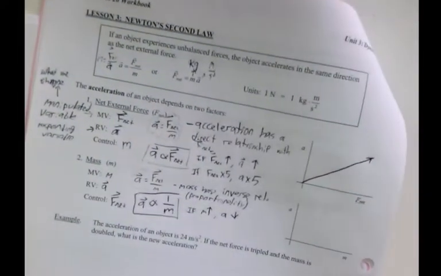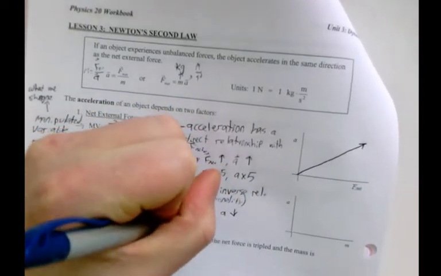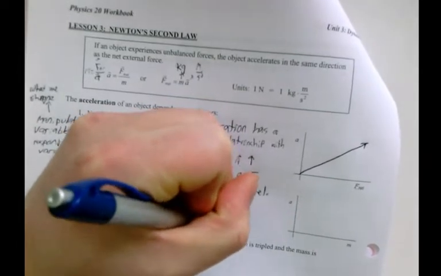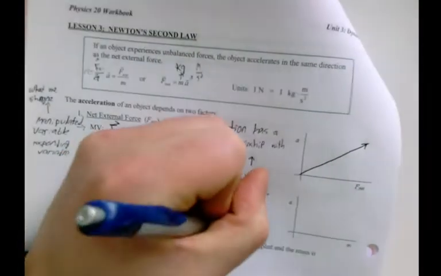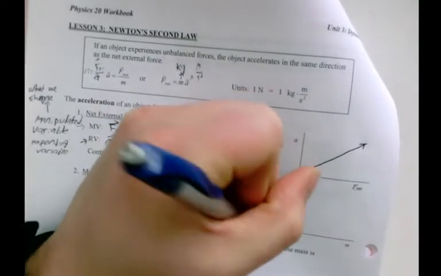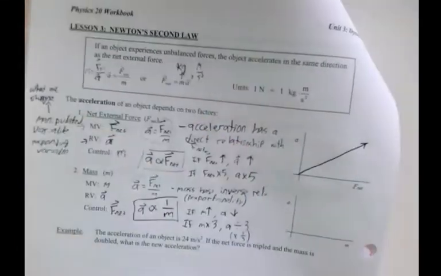Always good to come back for some logic tests. So what this means mathematically, if our mass is multiplied by some value, we'll say 3, then acceleration is divided by 3. Right? Another way would be times 1 over 3.